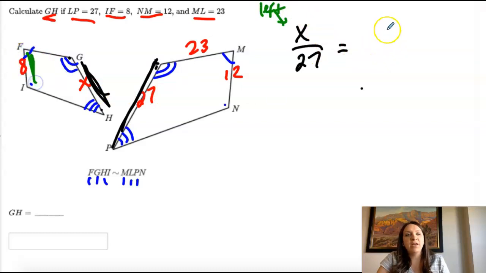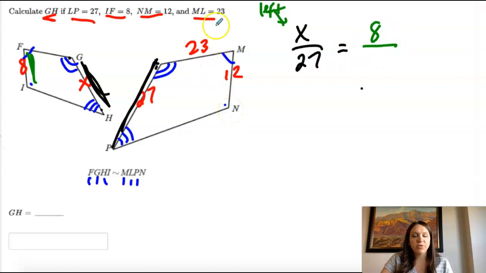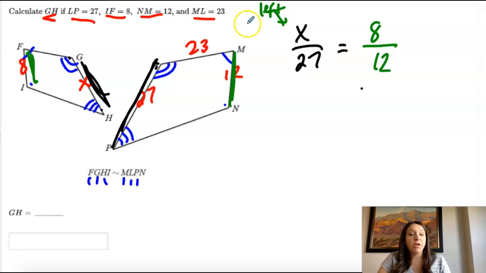Now I have to use 8, that's on the left, and I have to make sure I choose the right side. So 8 starts with the 1 angle to the dot angle. So 8 goes to 12. So notice I'm not using 23. That was given to us, but we're not using it when we solve.